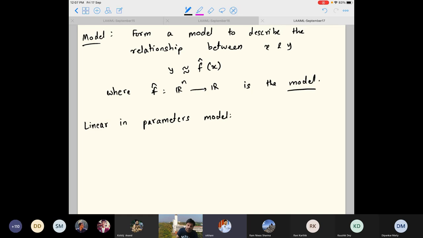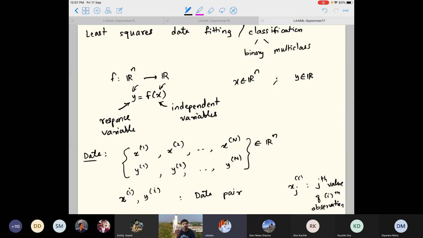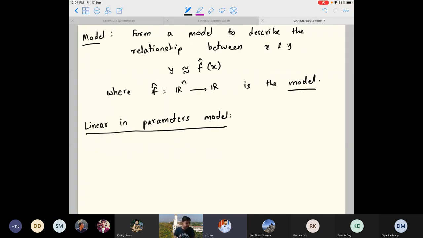Typically, though I do not know this function f exactly, I may know the form of the function. Based on that prior knowledge, I will write down f hat x, the model that I'm trying to build. I will choose some basis functions, or feature mappings.